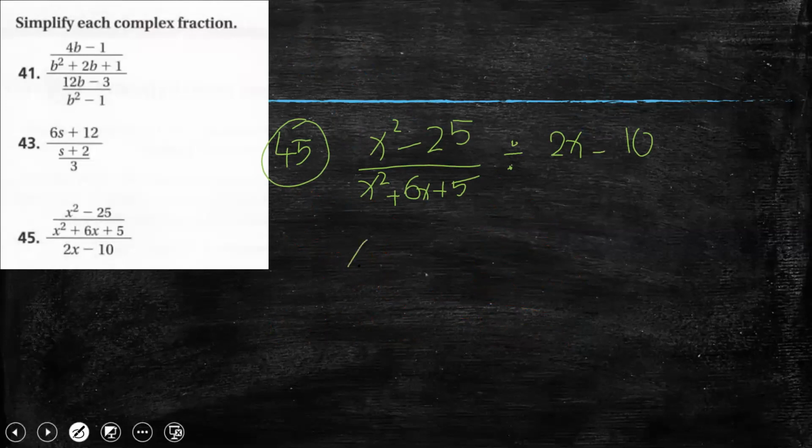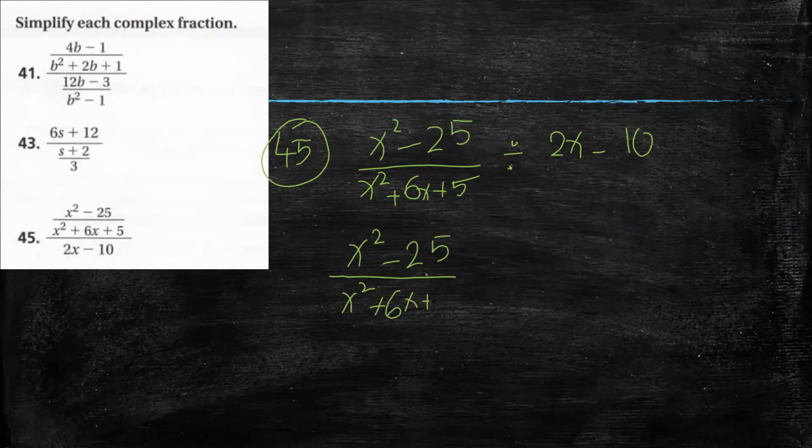The first step, x squared minus 25 over x squared plus 6x plus 5 times, what is the reciprocal of 2x minus 10? Bravo, Yehuda, 1 over 2x minus 10.